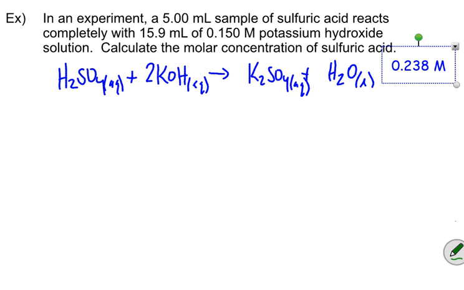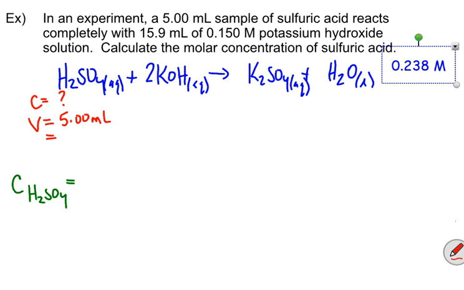So it's asking me to find the molar concentration of H2SO4. I don't know what that is, so let's write down what I do know. My concentration I don't know, but I know I had a 5.00 milliliter volume.